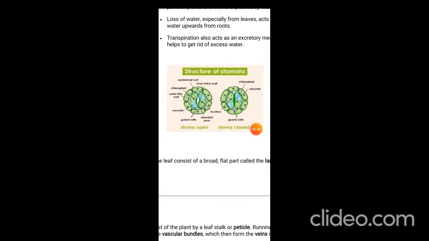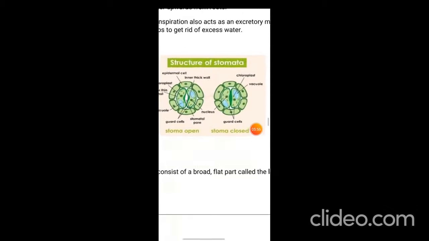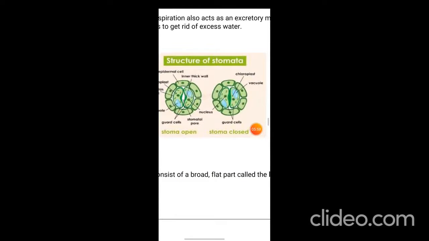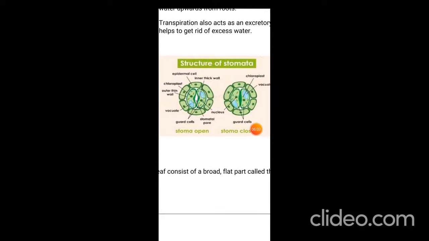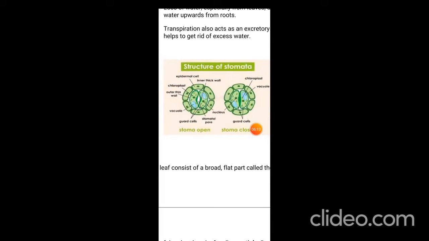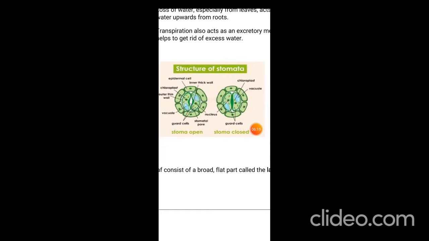So if you see this stomata, they are somewhat circular in shape, and they are protected with cells known as guard cells. You can see something like a bean shaped structure in the middle, which has a nucleus, and in between these two guard cells we have the stomatal pore. If you see the left and the right diagram, you can understand that one diagram shows that the stomata is open and another diagram shows that the stomata is closed.